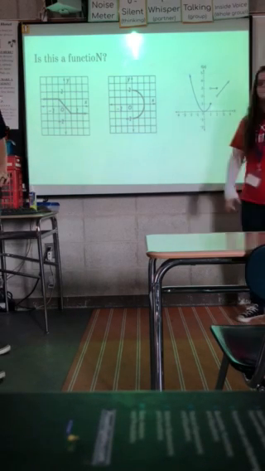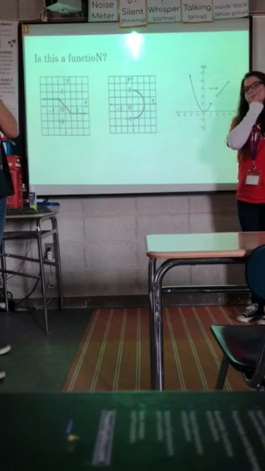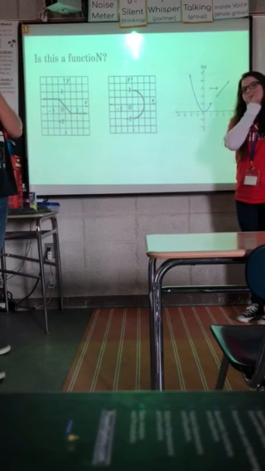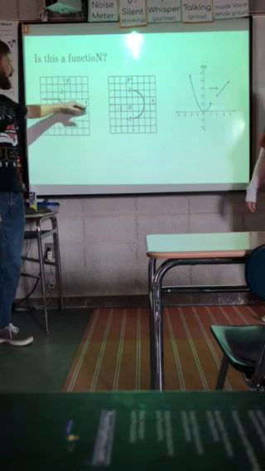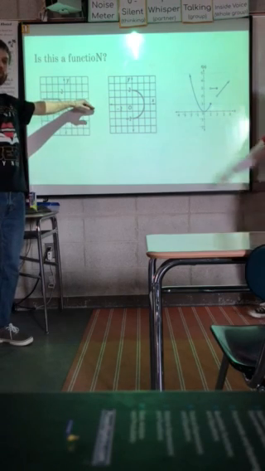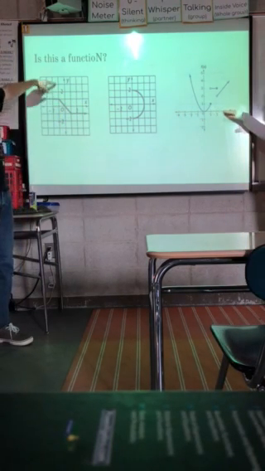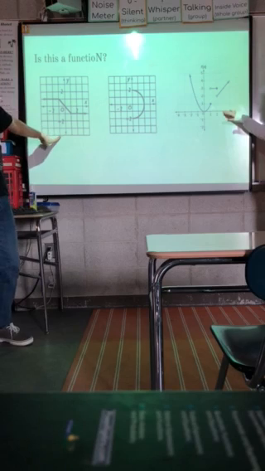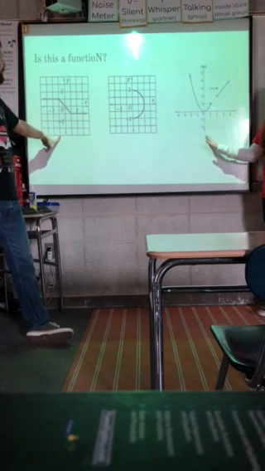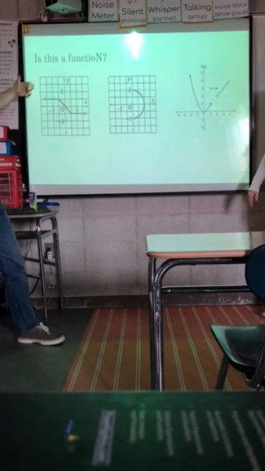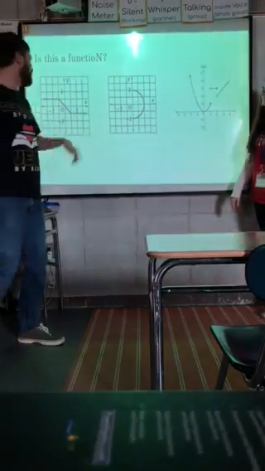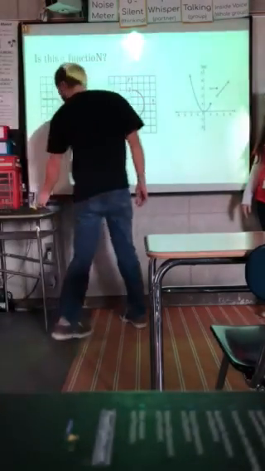What about on a graph? Let's think. If every input value is x, and it has no repeating output values, that means none of them will be on a vertical line that could be drawn anywhere on the graph. What about this first one? Great job! This first one is a function.